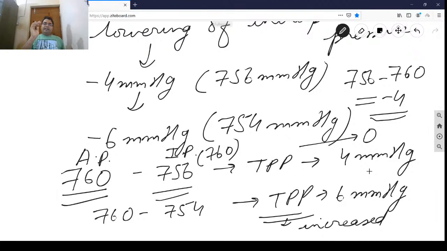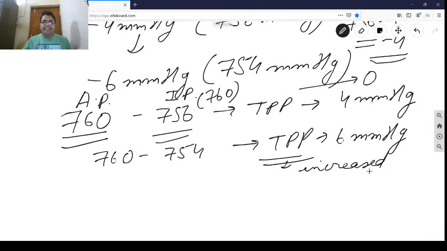Now, in this case, what happens? The TPP increases when you are inhaling air, as you drop the intrapleural pressure even more, from 756 to 754. Now it has become 6 mmHg.